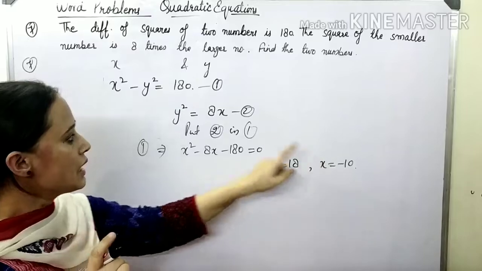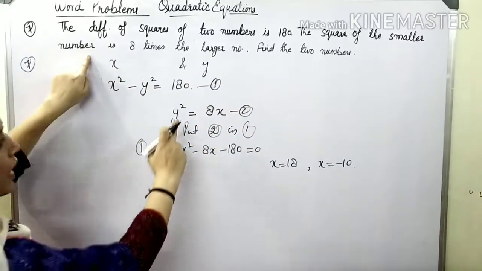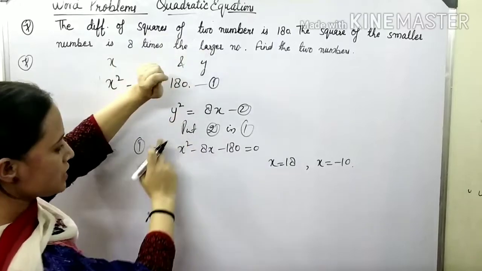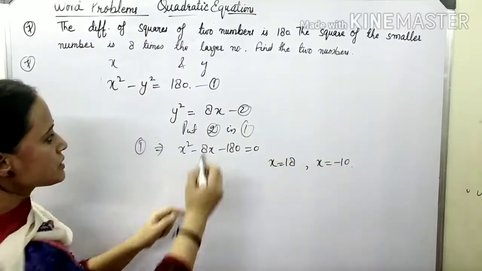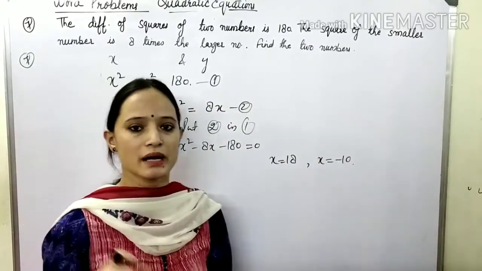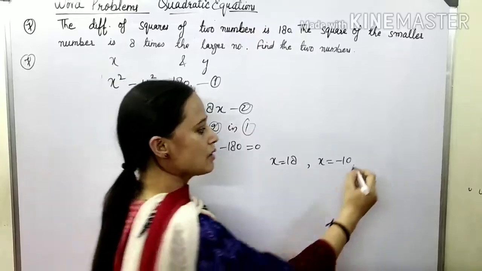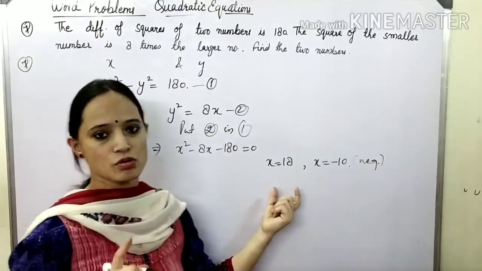What is that condition? It is given that the square of the smaller number is 8 times the larger number. If this is x, that is the larger number, so this condition will not get satisfied, because how can a square be equal to the negative of some number? So that is why we'll have to neglect this value and we'll just take x is equal to 18.